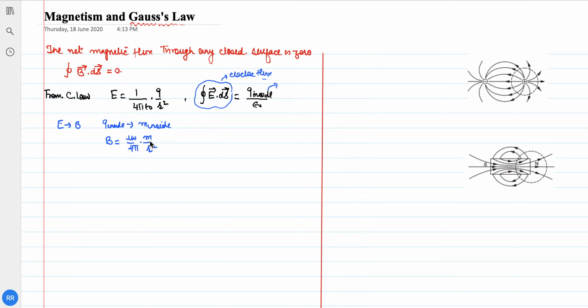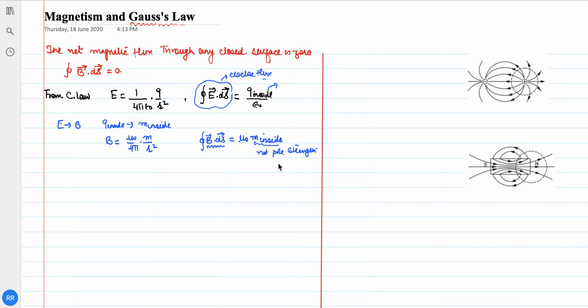So Gauss law for magnetism could then be written as B dot dS is equal to mu 0 times M inside, right? So what is B dot dS? B dot dS is the magnetic flux, and M inside is the net pole strength.